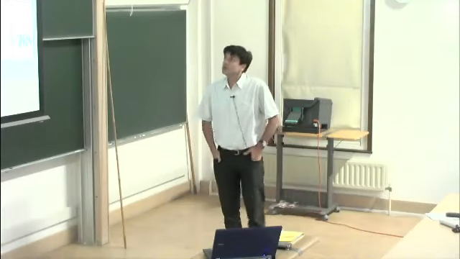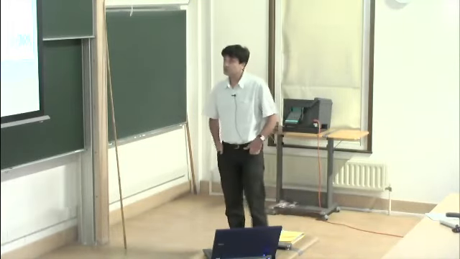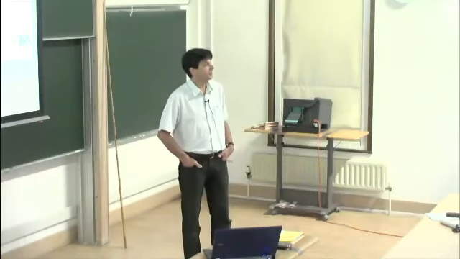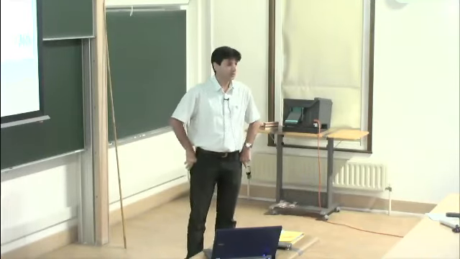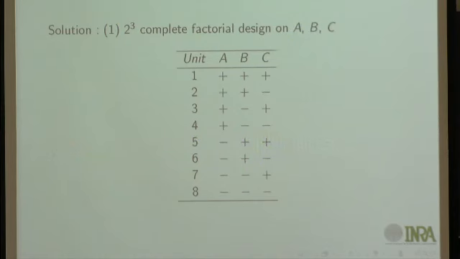And the solution is well known. We start with constructing a complete factorial design on the first 3 factors A, B, C. We use +1 and -1 to identify the levels of the factors.